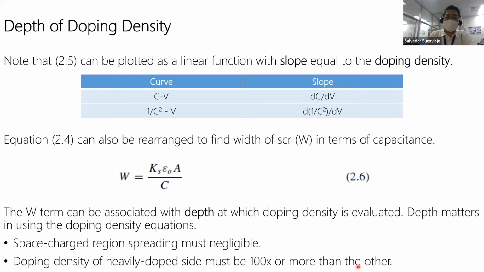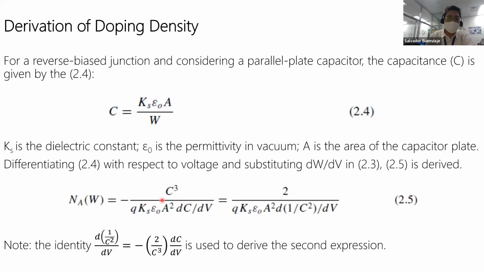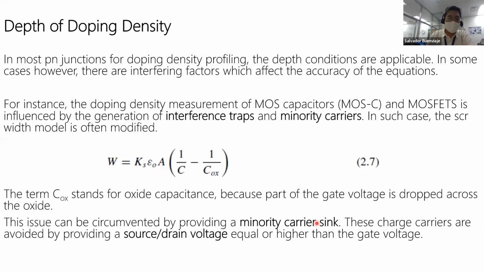Otherwise, if the junction equilibrates with less than 100 times concentration of dopant, there will be a significant deviation. In most PN junctions, the depth conditions are applicable.